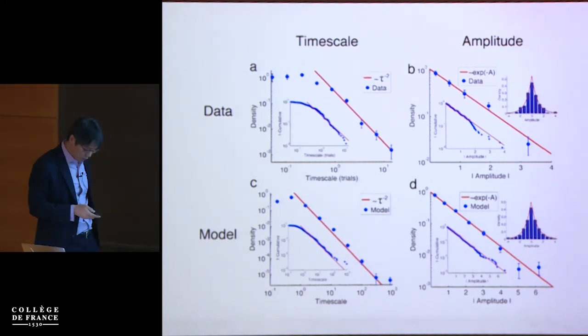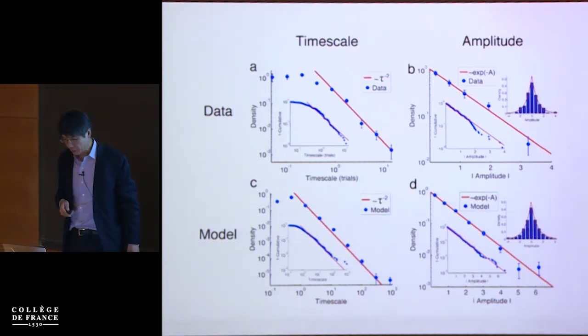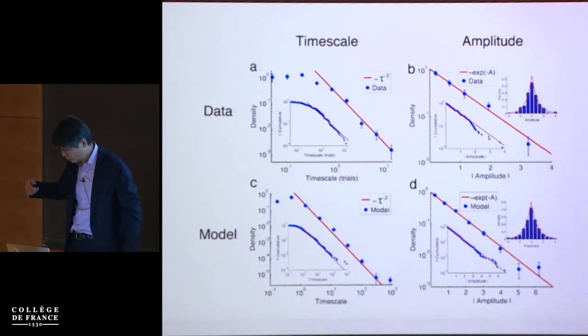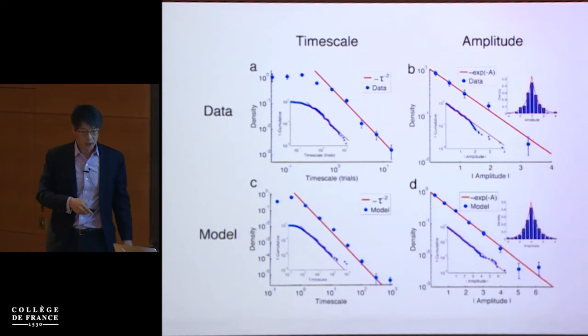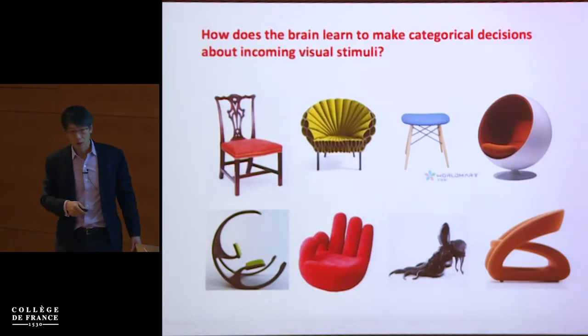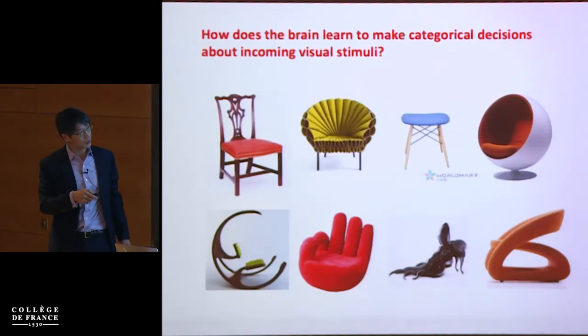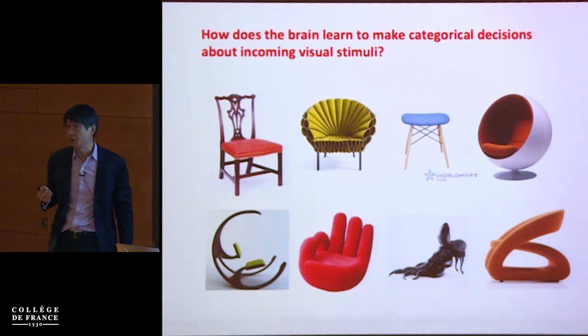So another interesting type of decision that, in my mind, perhaps will be an important step towards understanding more abstract concept formation, is to look at the categories. I'm illustrating this by 6 or 8 examples of chairs. Right?